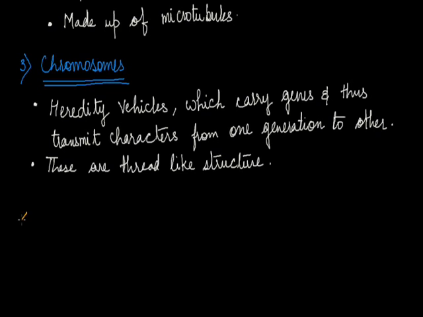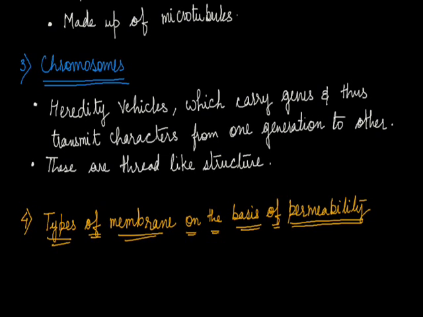So, now we are going to discuss the permeability of the membrane. We have divided the membrane into types on the basis of their permeability or property. What is permeability? Permeability means the capacity or property of the membrane to allow things to pass across it.